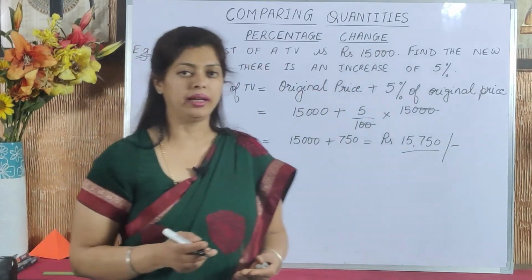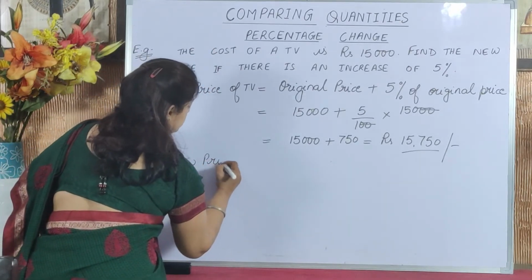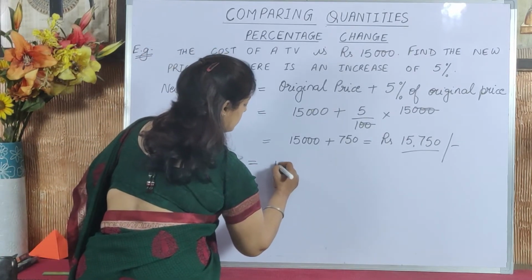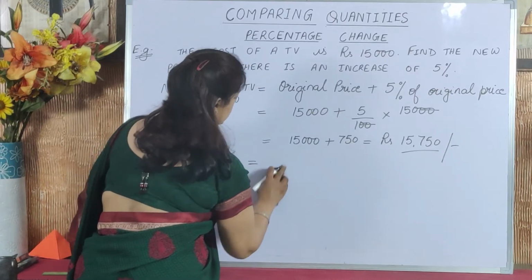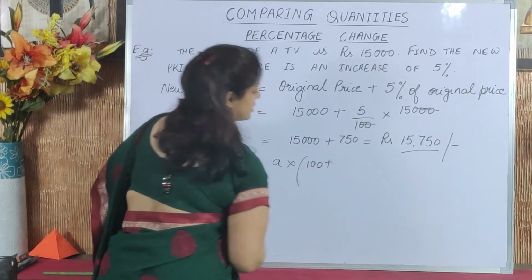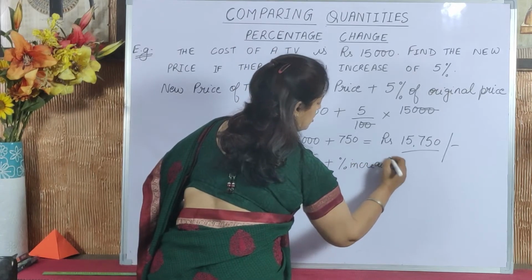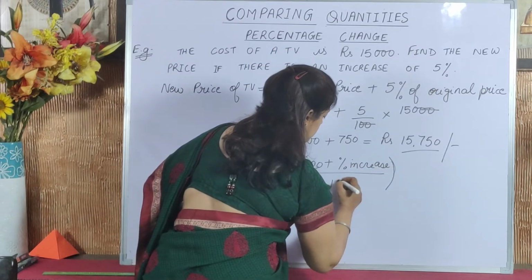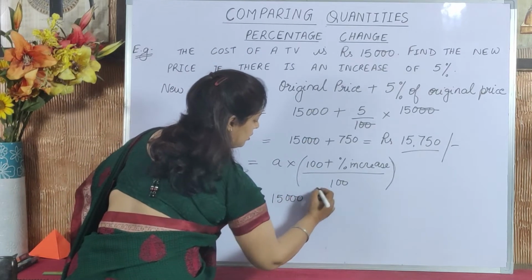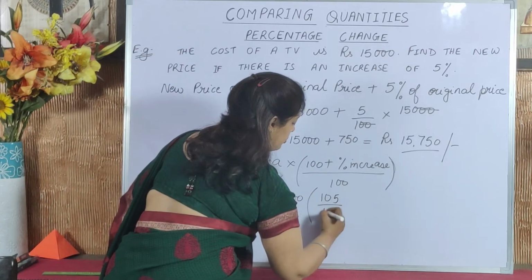Or we can directly calculate the new price. The new price is, that is, if the given number is A, we have done that formula, it is equal to A multiplied by 100 plus the percentage increase upon 100. In this case, the number is 15,000, multiplied by 100 plus 5%, that is 105 upon 100.